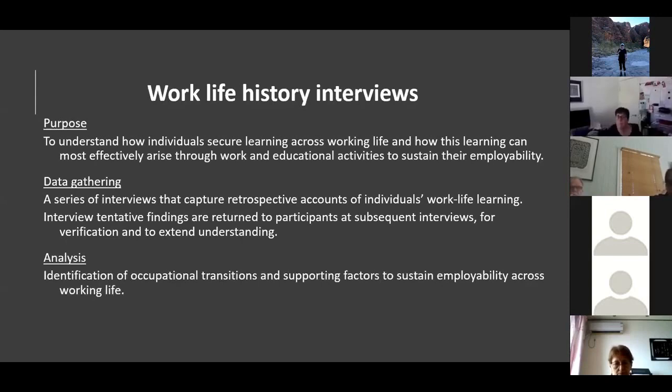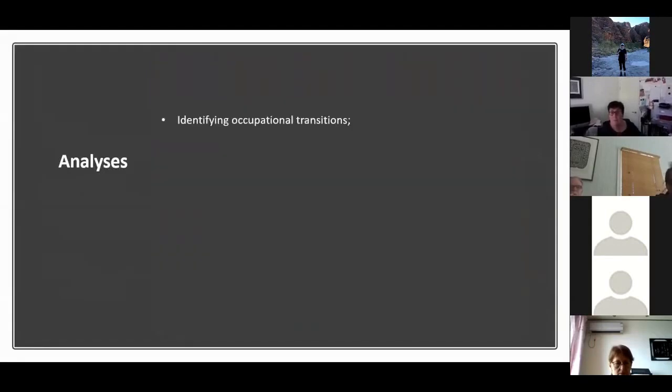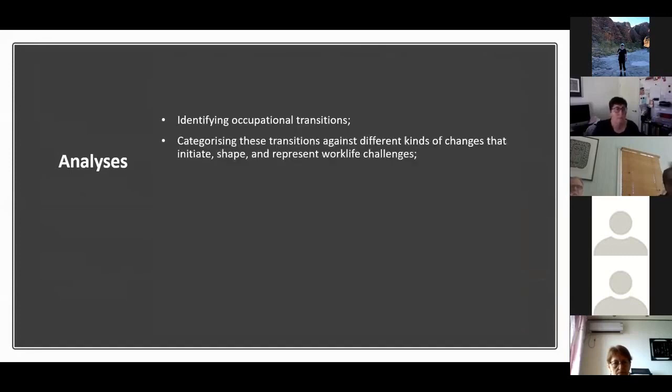And we also identified the supporting factors that assisted them to sustain their employability across their life. As I mentioned, the first round of analysis involves identifying occupational transitions, and then an analytical framework that characterizes the nature and character of changes was developed to map these occupational transitions against.